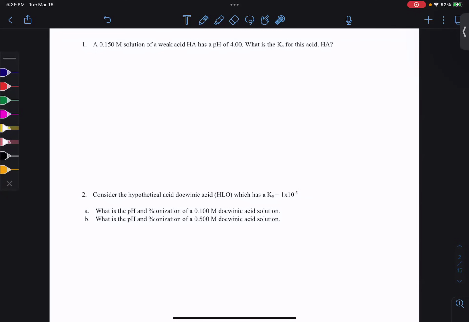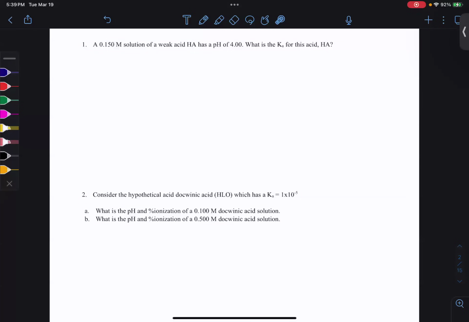Solubility product, so you're throwing a salt into water and it's dissolving. And then what's the last one? Kf, what does F stand for? Formation, you're forming a very soluble complex ion. Those are all of the Ks we're using. Mostly for this chapter, it's Ka, Kb, Kw, which are all related, Ksp, and Kw. Okay, so in this question, 1 and 2, we're talking about Ka, a weak acid.